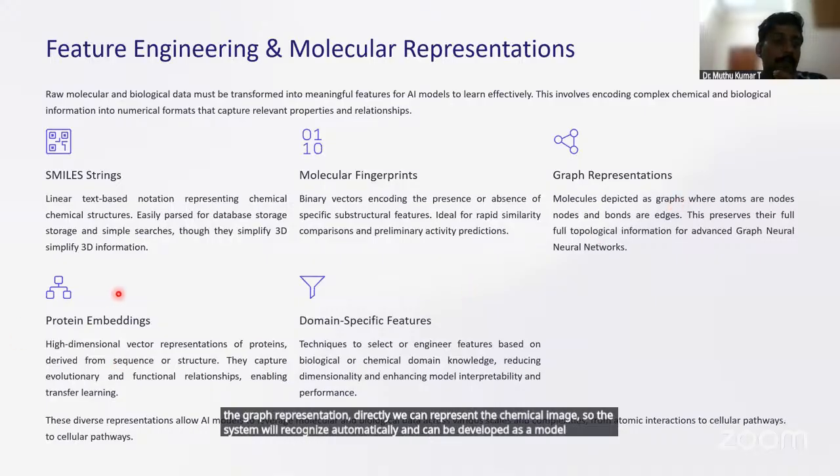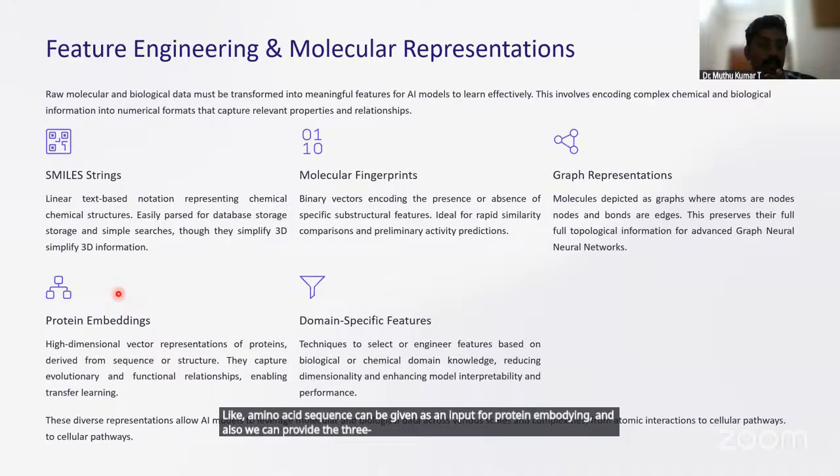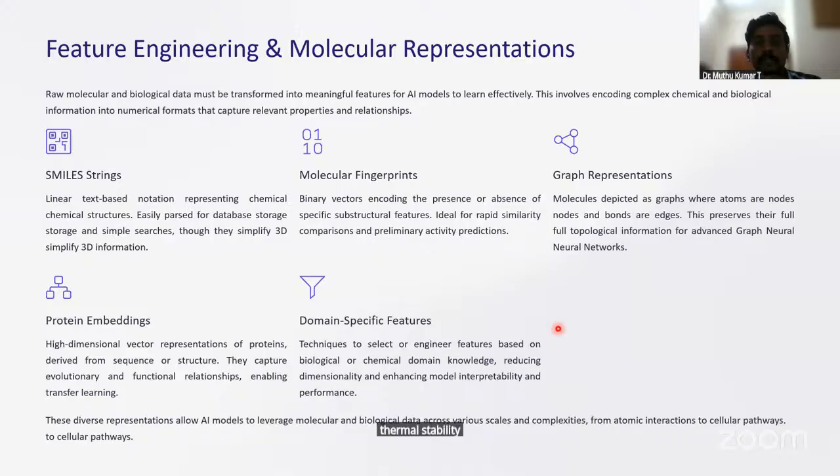Then we have protein embedding, where an amino acid sequence can be given as an input, and also we can provide the three-dimensional structure as input for the machine learning models. And we have domain-specific features. If you want to work on, say, thermostability of a protein, the thermal properties of the protein can be included.